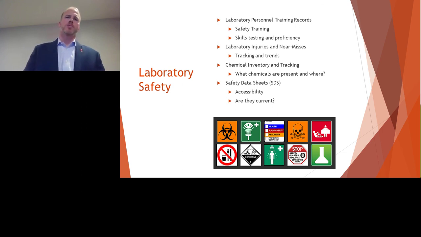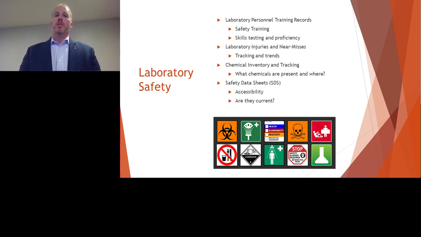Other parts of laboratory safety to look at are what chemicals you have within the lab, what chemicals are present, and also knowing where they're located. This is important if there would be an accident or a fire or something of that nature, so that you know what is there and where it's at, and can address any concerns in that area.